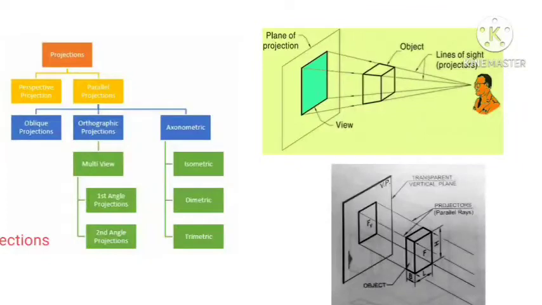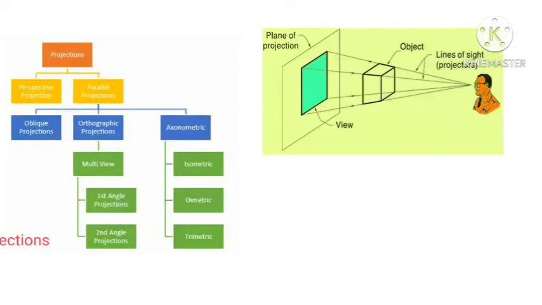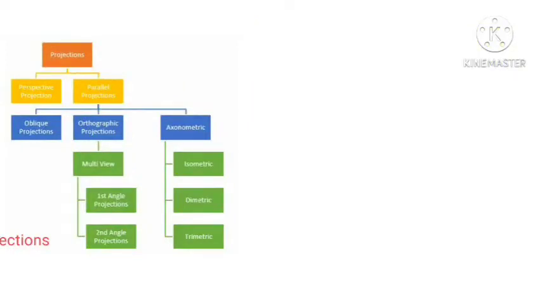The true size means whatever the size of the object, the shadow or the view will also be of the exact size. And the shape means if the original object is a rectangle, then the view will also be a rectangle. Okay, so that is the speciality of orthographic projection.